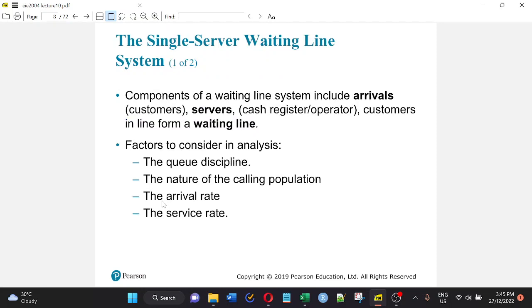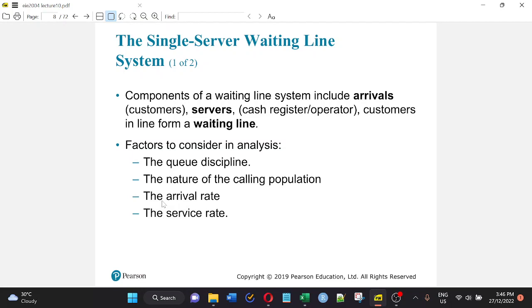In the single server waiting line system, we assume that in the store or in the manufacturing plant, whatever it is, there is only one queue line and only one service counter. The components of a waiting line system include the arrivals, which are the customer arrivals; the server, which is the people at the counter or the machine that does something to the products; and the customers in line, who form a waiting line.